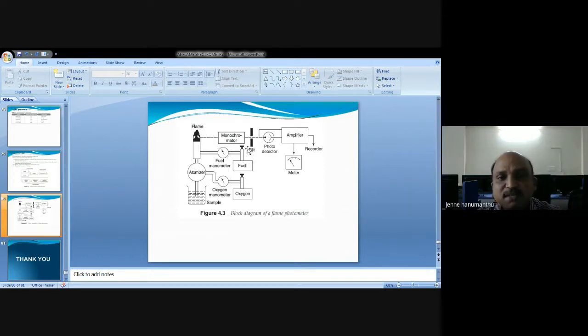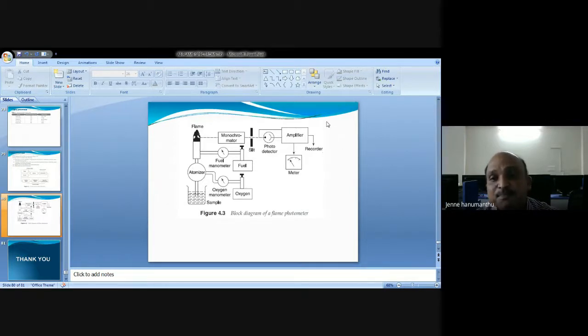The monochromator selects a single wavelength, which passes through a slit and is collected by the detector. The detector converts that particular wavelength of light into an electrical signal, which is amplified and recorded. Recorded means it is represented as a graph, with wavelength on the x-axis and concentration or quantity on the y-axis.